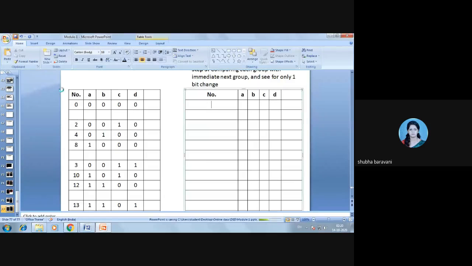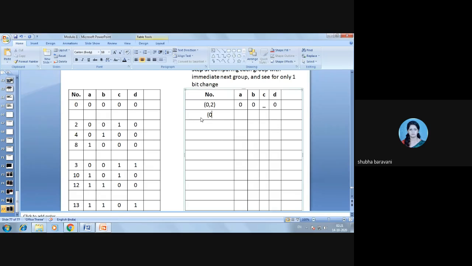Now what I'll do, I'll compare 0 with 2. So 0, 0, 0, 0 and 0, 0, 1, 0. I can write 0, 2, it's changing, so 0, 0, dash, 0. Now I'll compare 0 and 4: 0, 0, 0, 0 and 0, 1, 0, 0.